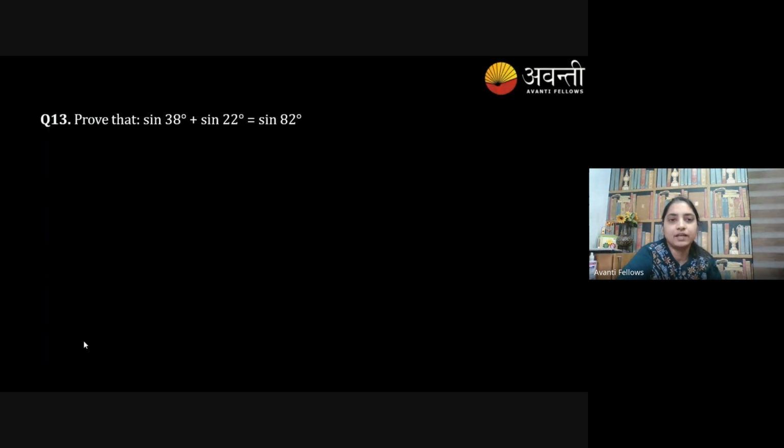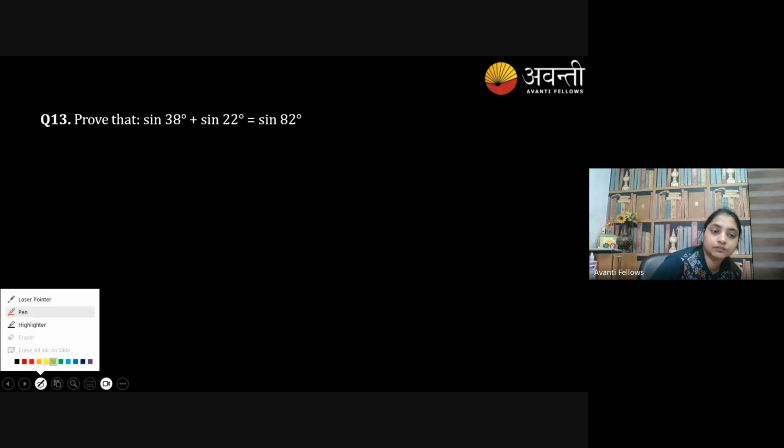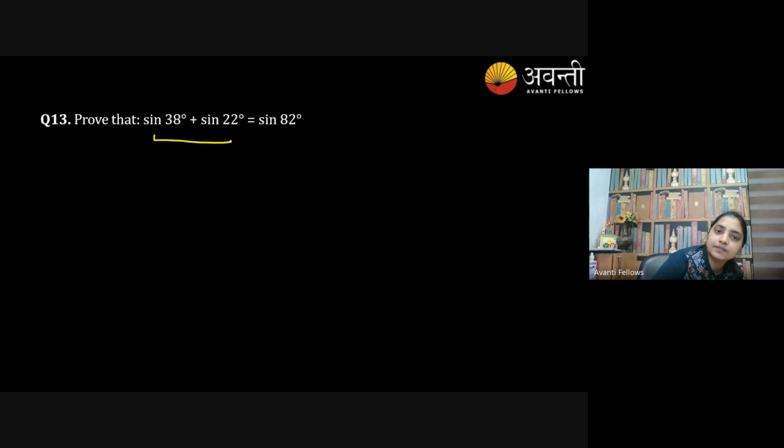Now we have the second last question. How to attempt this question? Do you know the sine C plus sine D formula? Yes ma'am. 2 sine of C plus D by 2, that means 30 degree, cos of C minus D by 2.